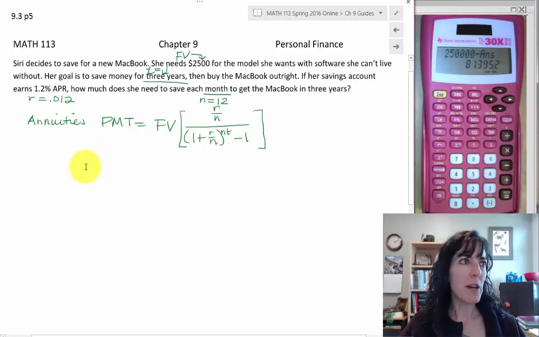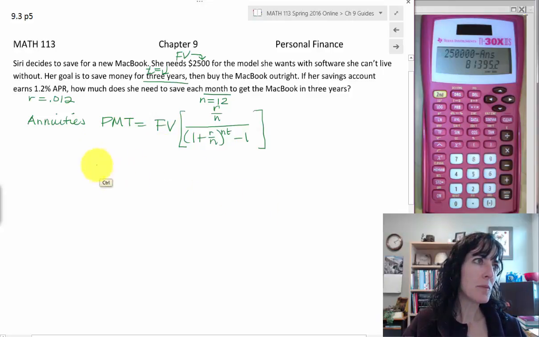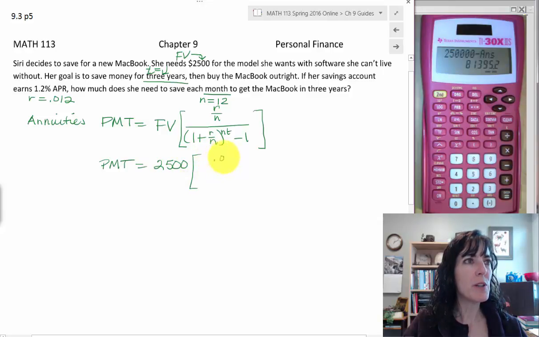And when I plug in my values, I'll have the payment equals future value, which is $2,500, and R is 0.012 divided by N, which is 12, over 1 plus 0.012 divided by 12 to the 12 times how many years? 3 years, minus 1.